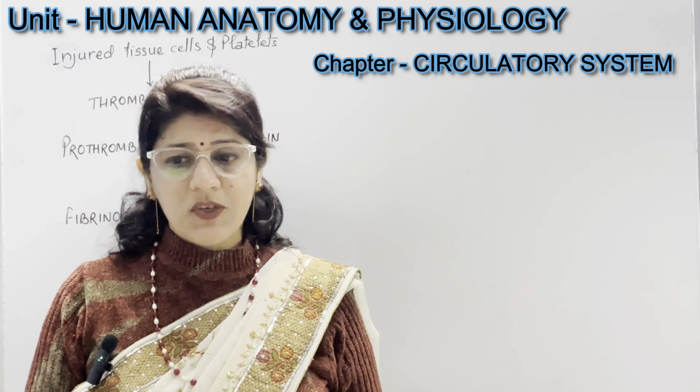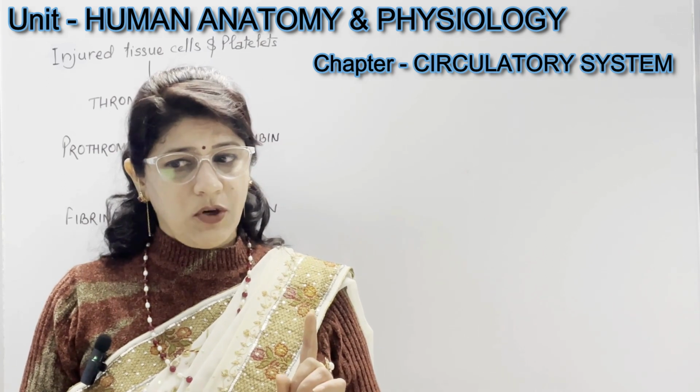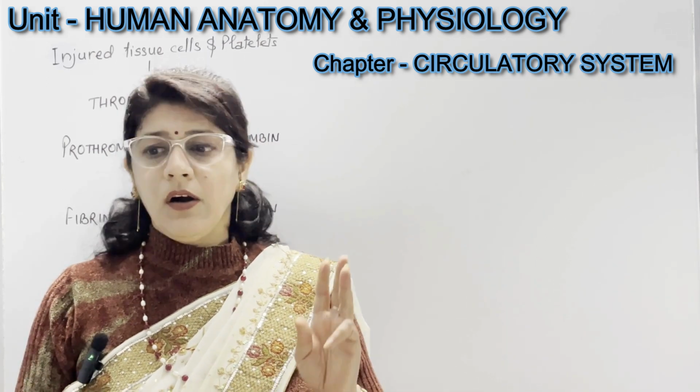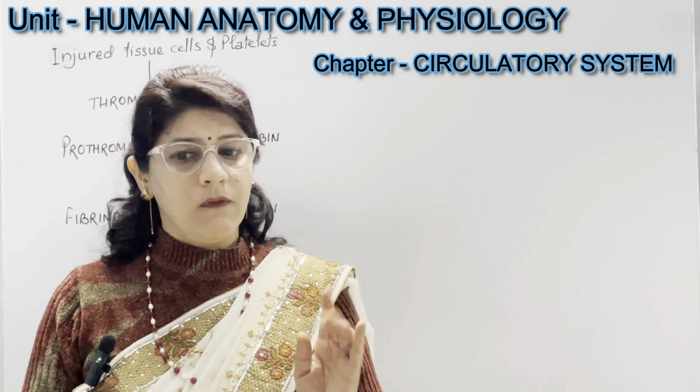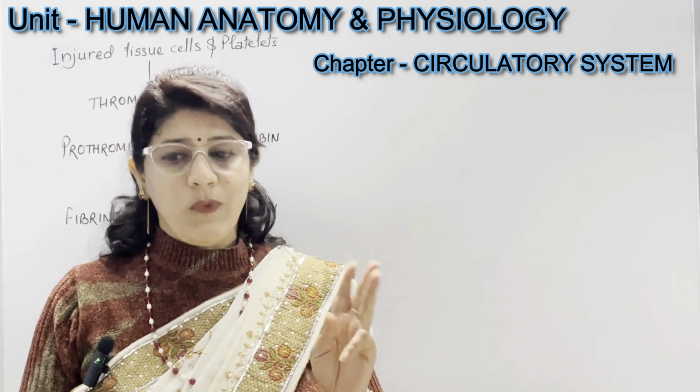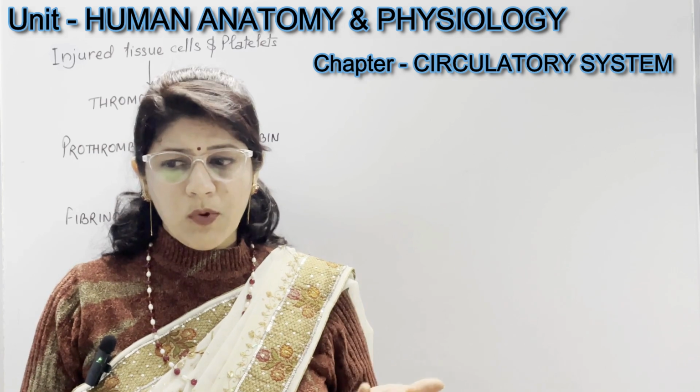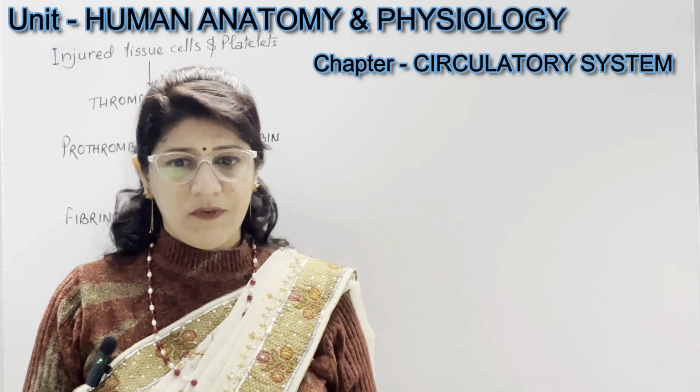Important definitions from this chapter are angina pectoris, anterior vena cava, aorta, aortic semilunar valve, arterioles, auricles, ventricles, blood platelets, thrombocytes, indicator of clotting, like we have seen here.